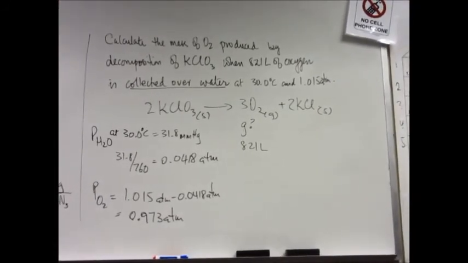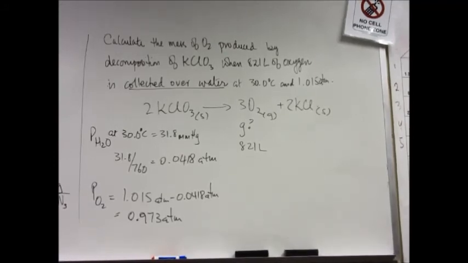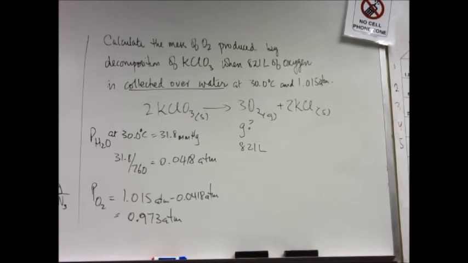I want you to note one thing as you're writing this down: look at the numbers. The total pressure is 1.015 and the pressure of oxygen is 0.973, which means the change was only 0.0418, right? That's what we just subtracted. Is that a huge number? It's a very small number. Which means that when you do your calculations, sometimes you don't even realize you did not do the subtraction, because your answer will still come out approximately the same.